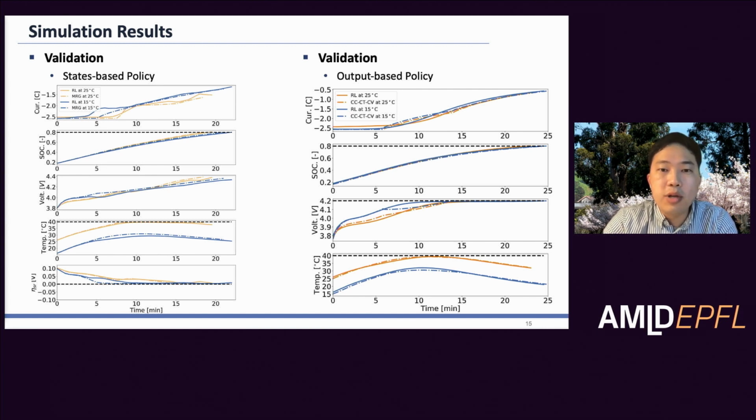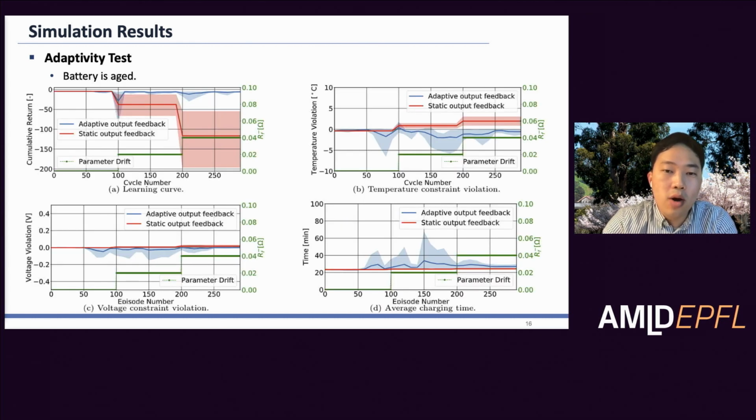We can find that the reinforcement learning, or learning-based, policy is comparable with the existing approach. One critical benefit of using reinforcement learning is its capability of adaptability. As I said before, batteries are changing over time, and how do we adjust the controller?